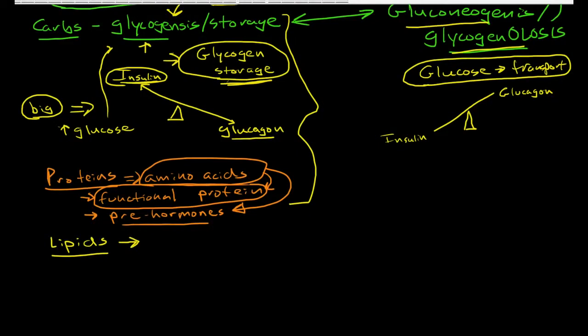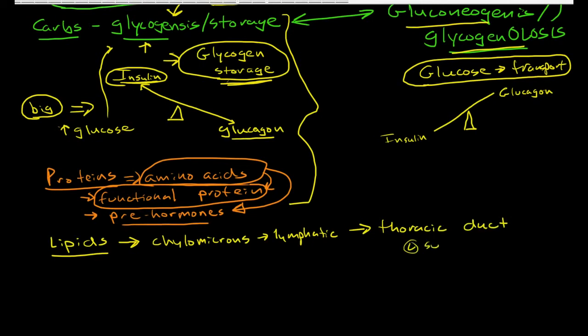They are packaged into chylomicrons, and they're too big to get absorbed into the bloodstream, so they end up draining through the lymphatic system. So they work their way up through the chest and drain into the thoracic duct up in the left subclavian vein.